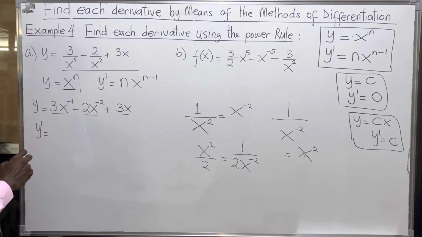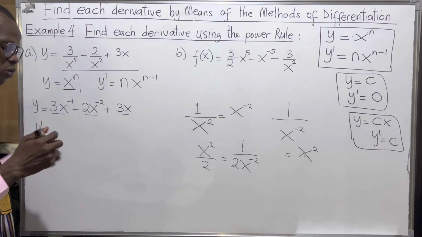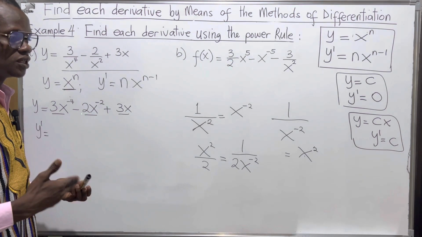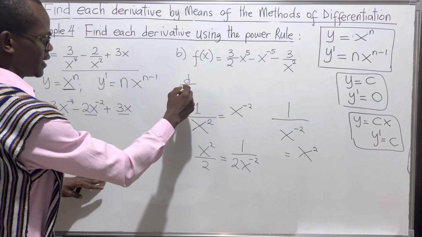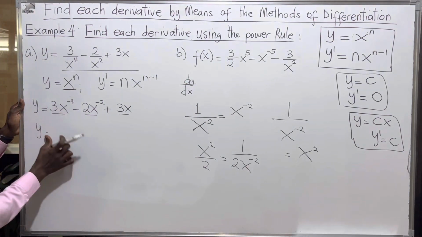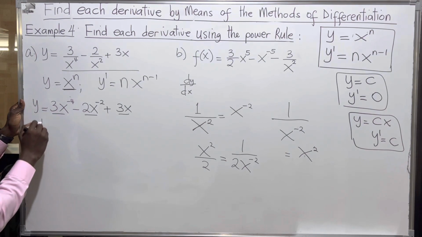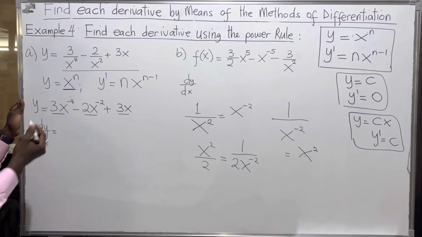Y prime is equal to, now some books or some students or some teachers will want you to use the derivative notation, that is dy by dx. So you can rewrite this as dy by dx equals.